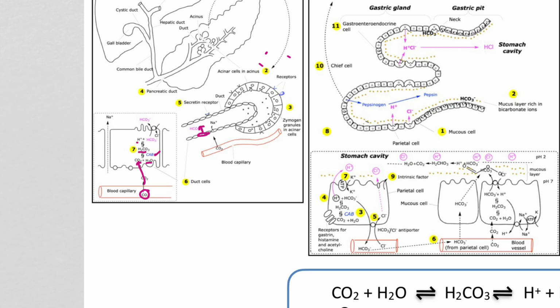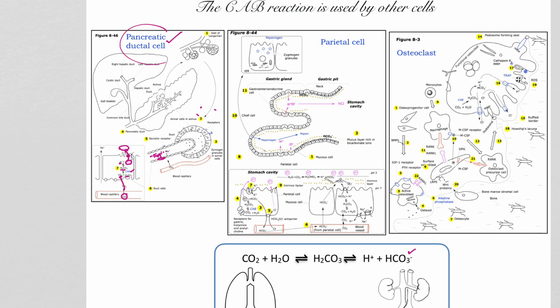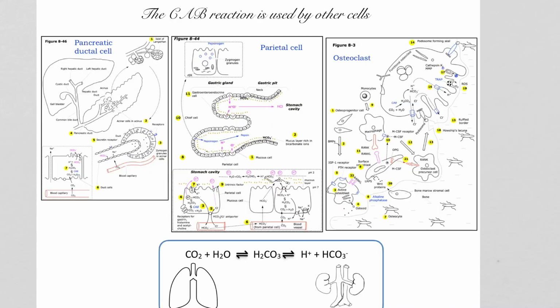And carbonic acid then breaks down to give you protons and bicarbonate. And this bicarbonate is transported out into the pancreatic juice. So that's another example of this very important reaction that is used by pancreatic ductal cells.